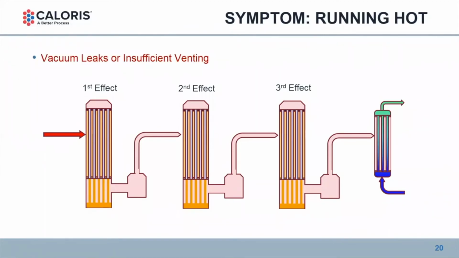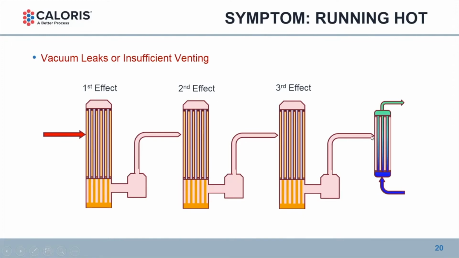So the biggest symptom of vacuum and venting issues is the evaporator's running hot. And why is that? Well, if I'm getting a vacuum leak into my system, those non-condensable gases are choking up my system and they're ending up in the surface condenser.